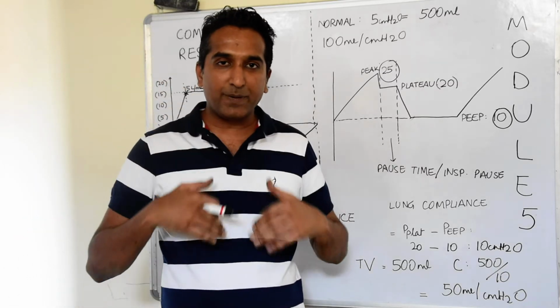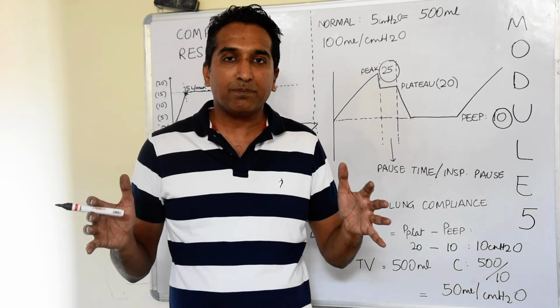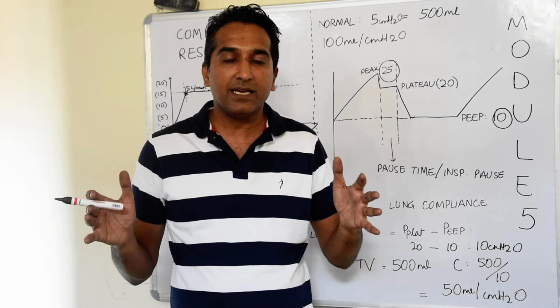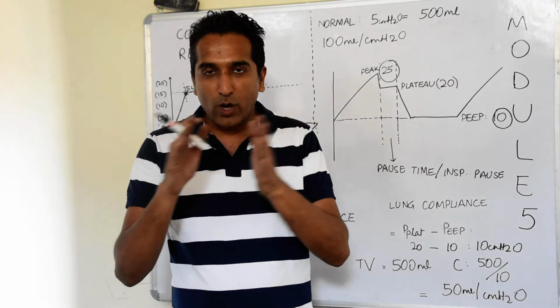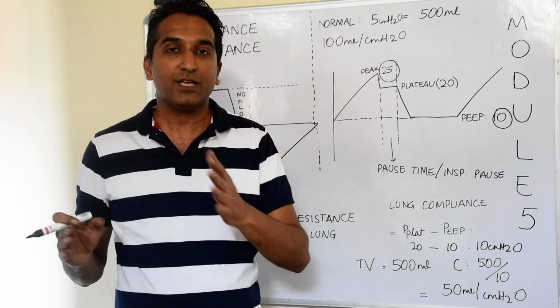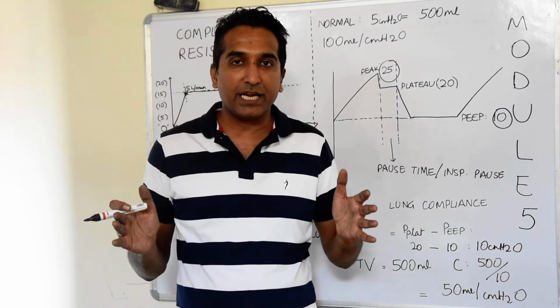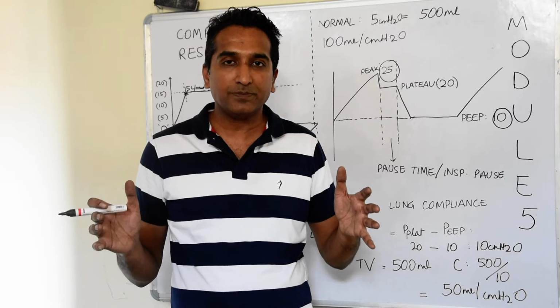If we want to calculate only the resistance offered by the lungs, there is a way: we deliver the breath, distend the lung, and then keep the lungs in a distended state. When the flow ends, the inspiration ends, but the expiration doesn't start. So there is a static period in which the lungs are distended by a particular amount of volume.